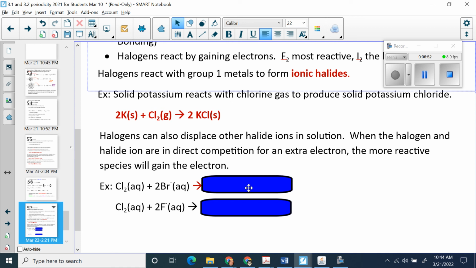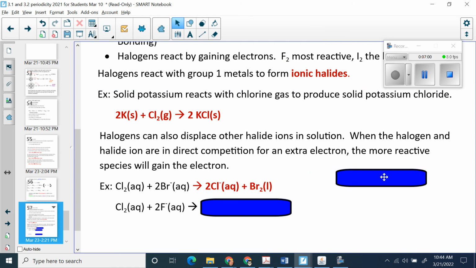And whatever is more reactive will take the electron. So in this case, if you have chlorine with bromine ions, it will produce chlorine ions and diatomic bromine.